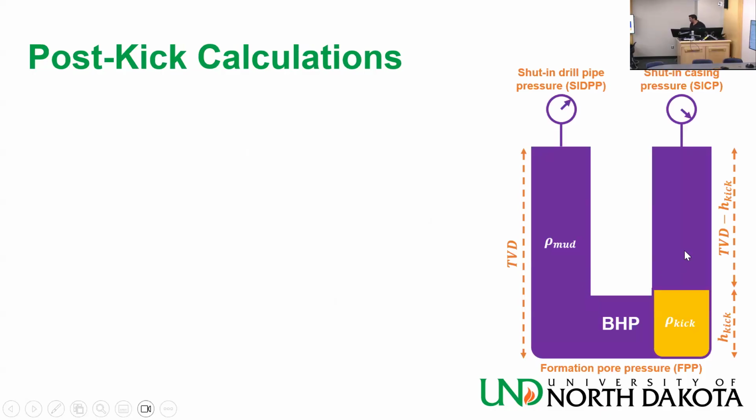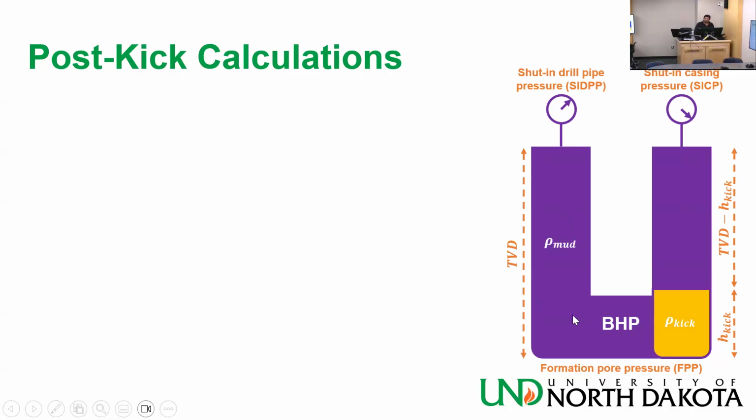Now we're going to apply the U-tube model. So it's basically the same problem as we have seen before. And the U-tube model works for it pretty well because you have really 2 fluids that are very immiscible. They don't mix with each other, and they have distinctly different densities.